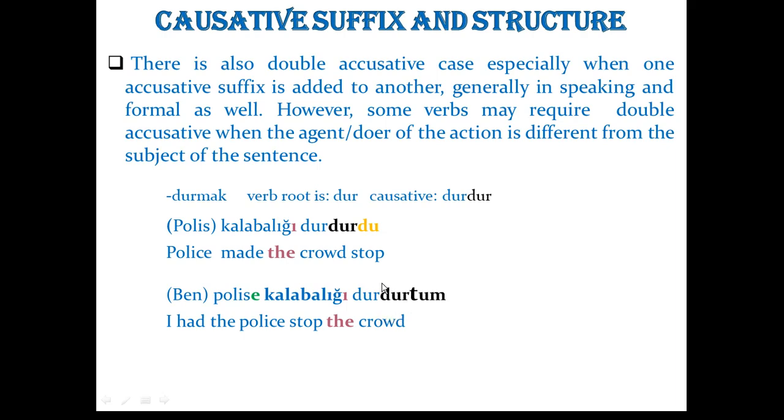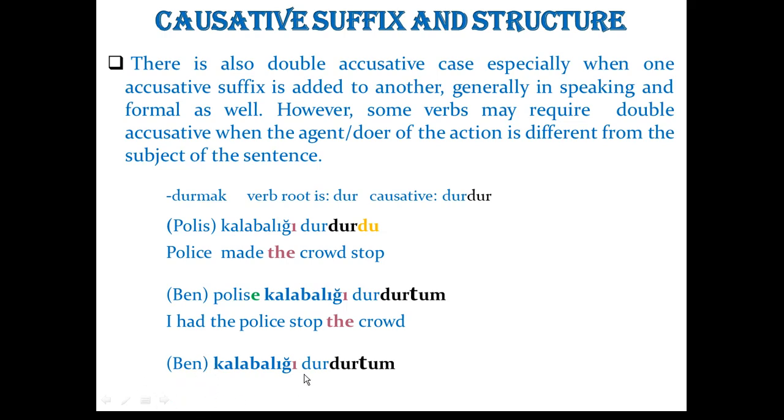So this is made by adding an additional causative suffix, that is double causative, after another already present causative suffix dur. And it is seen like here, I had the police stop the crowd.